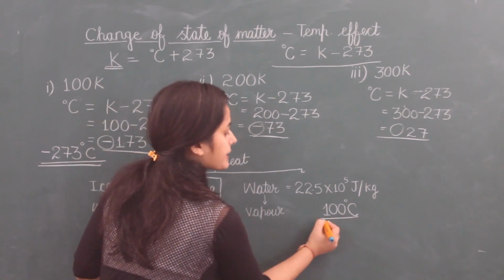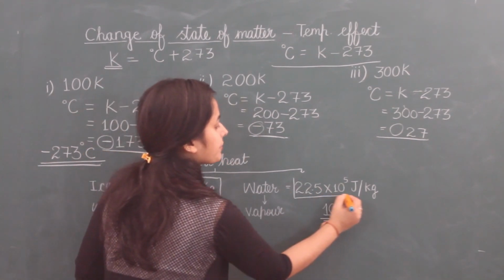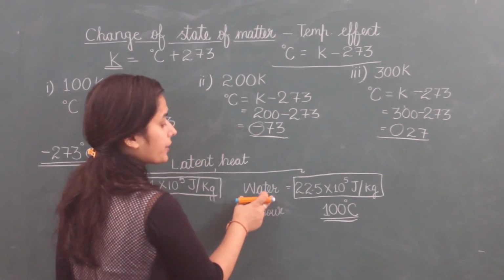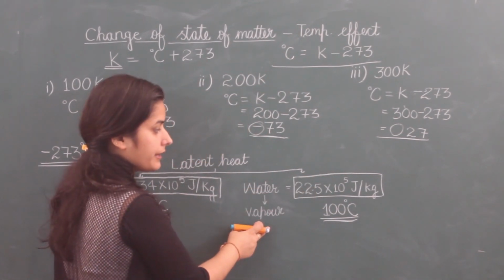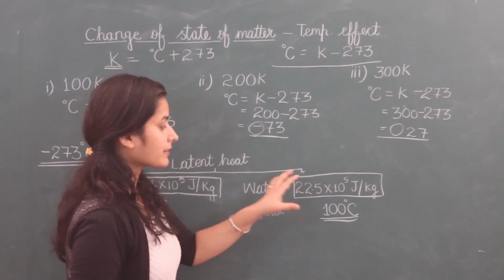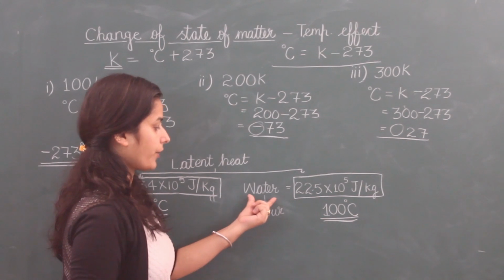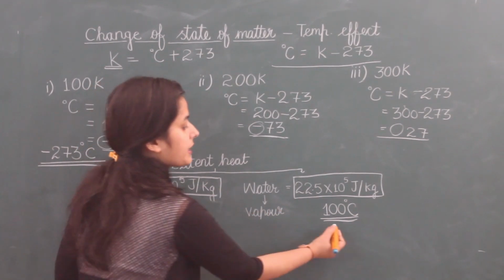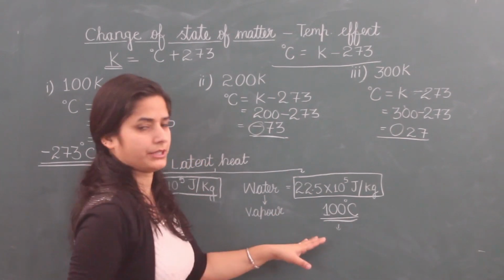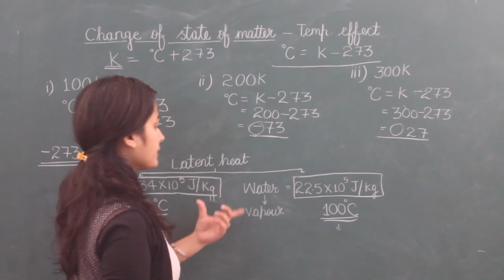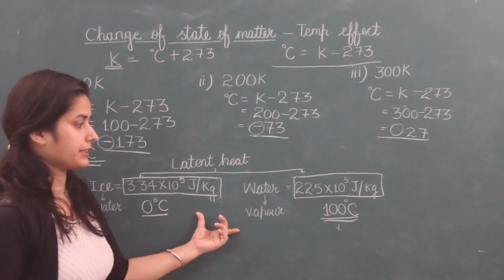At 100 degrees Celsius, we have to give this much more heat. Then complete water will convert into vapor and the temperature will not rise on the thermometer. When this heat is given to water, water converts into vapor. After that, the temperature can increase on the thermometer, 101, 102 and so on. So, this is latent heat.